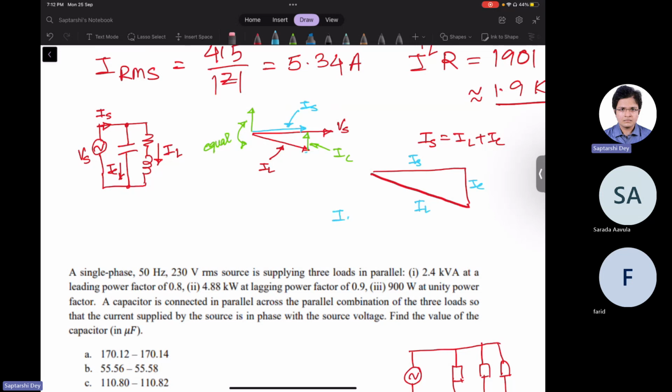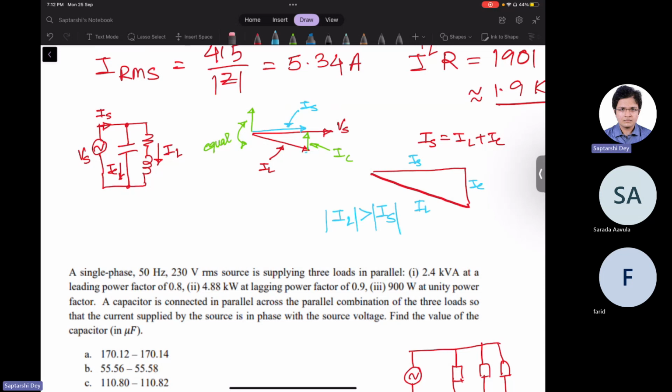So definitely IL is greater than IS, in magnitude. So basically what happens as soon as the capacitor is connected in parallel, the current drawn from the source reduces.